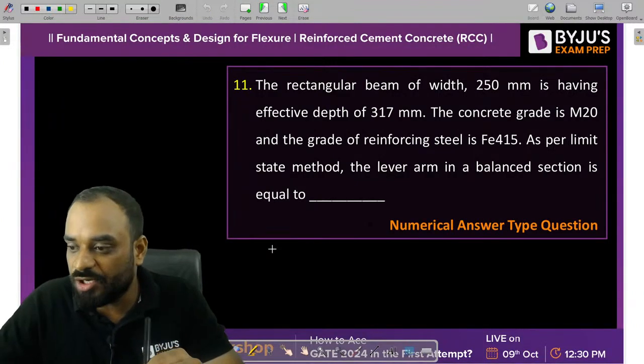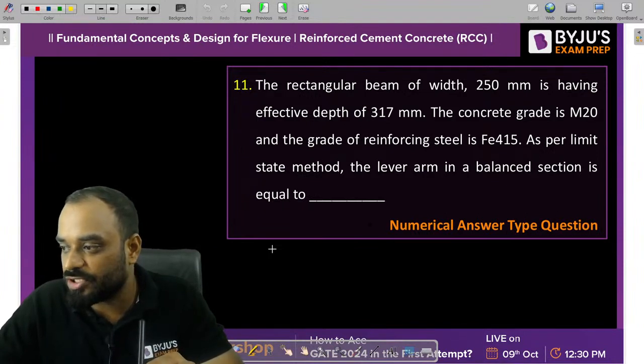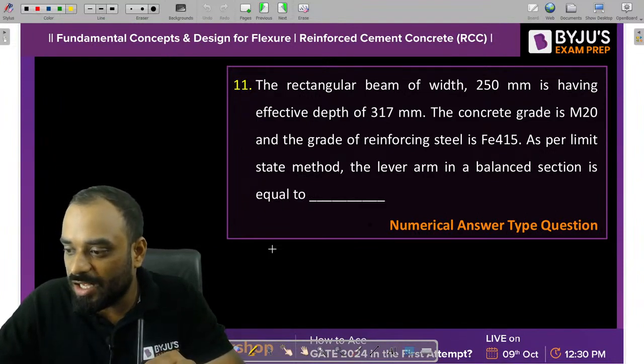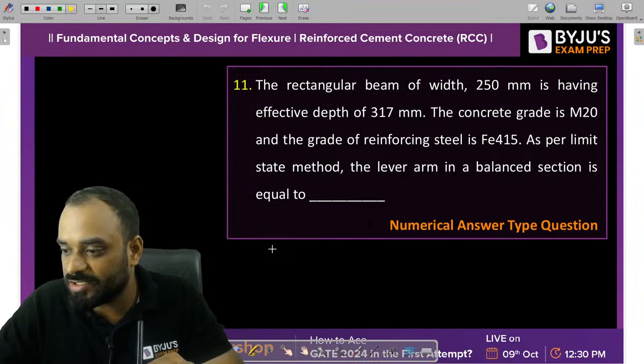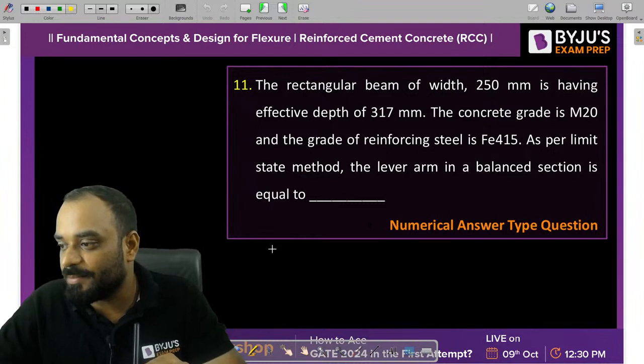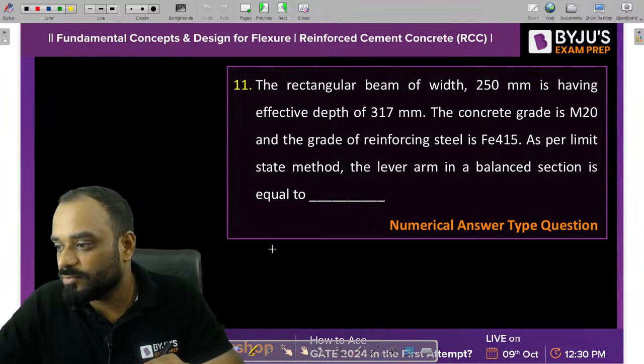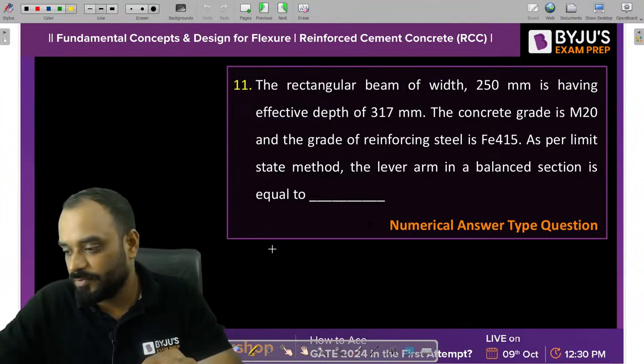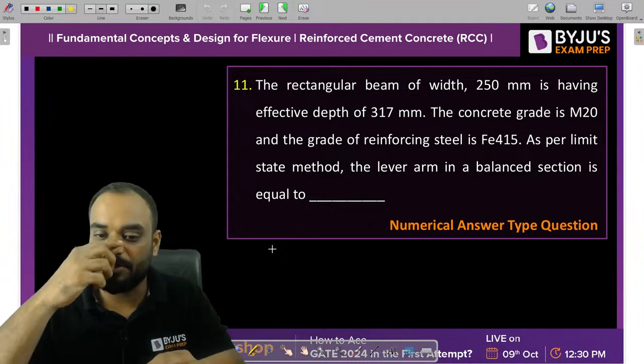Next question in front of you, which is a numerical answer type question, guys. Tell me the correct answer for this. You need to calculate the lever arm value.